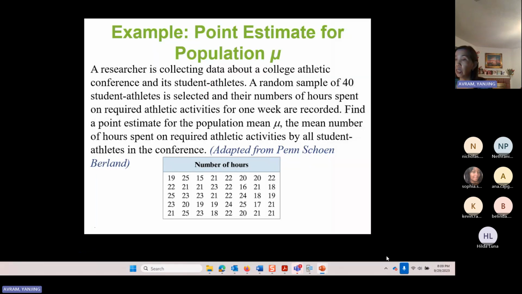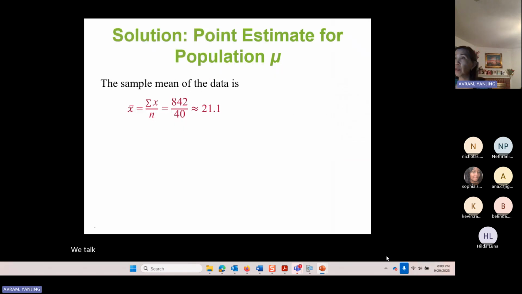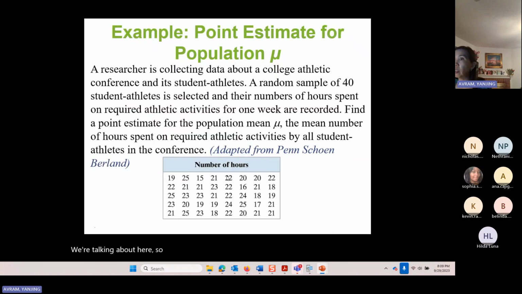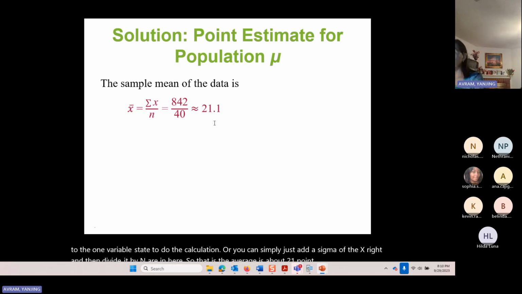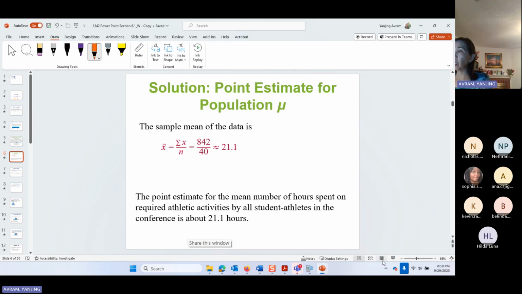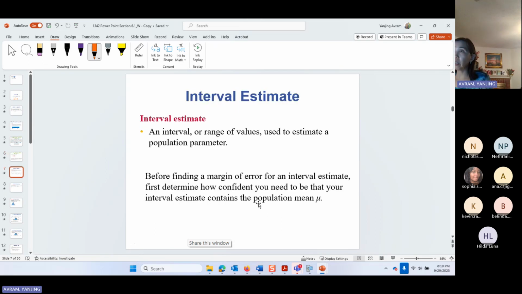So you can input all this into the calculator, go to stat, and use the one-variable stats to do the calculation. Or you can simply add up the sum of x and divide by n. The average is about 21.1 hours for the 1 week of practice.